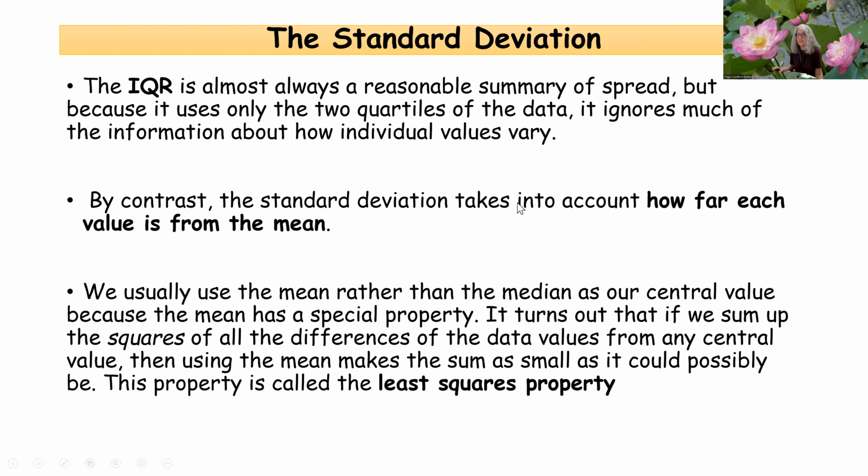Now for the standard deviation, we have the center of the distribution, the average, let's say. Now I want to know, on average, how far away the data values are from that center.